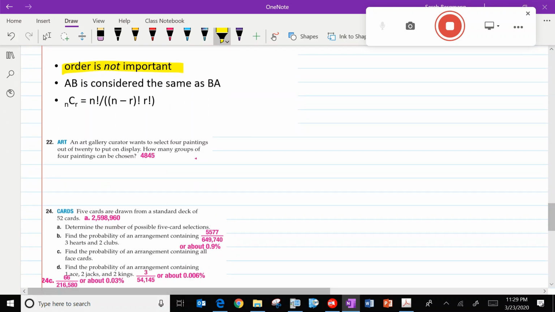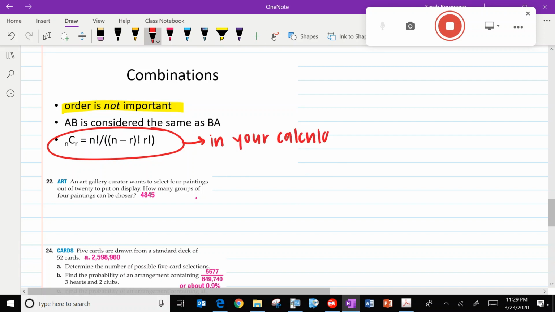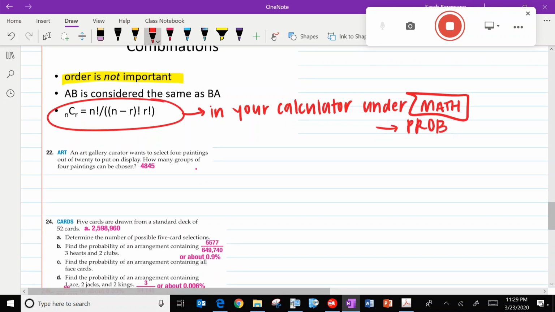These are called combinations. The formula for a combination is here. However, just like before where there was a formula built into your calculator, this is also in your calculator under probability. So you have to click the math button, then go over to probability. And you should see NCR. I like to say this as N choose R. Again, N represents the total number available.